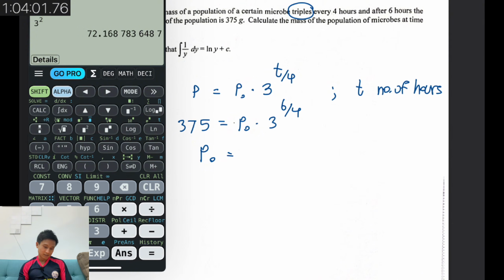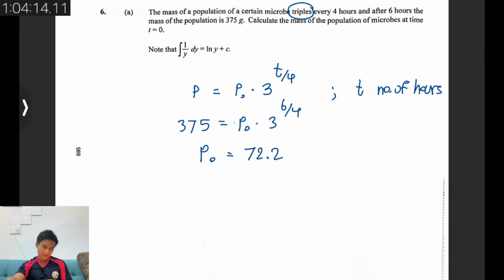We don't get an exact form. So 72.2, 3 significant figures. Probably have to go with that, yeah. Grams. Does this work?